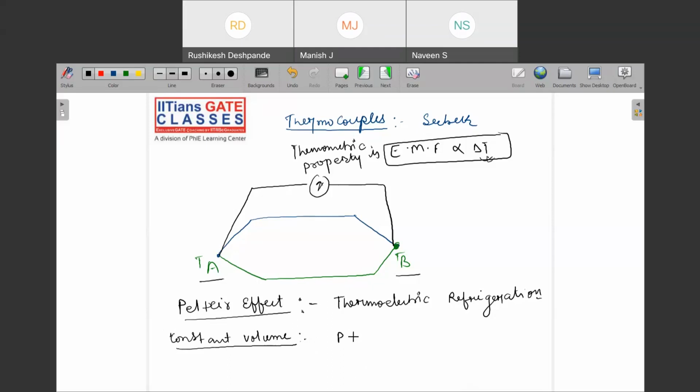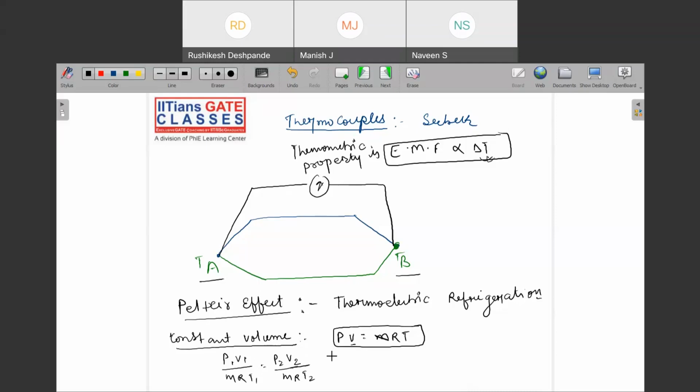When we study gas, we will study more laws, but for the time being we know this equation. If the volume is constant, can I write this gas equation as P1 V1 upon M R T1 is equal to P2 V2 upon M R T2?